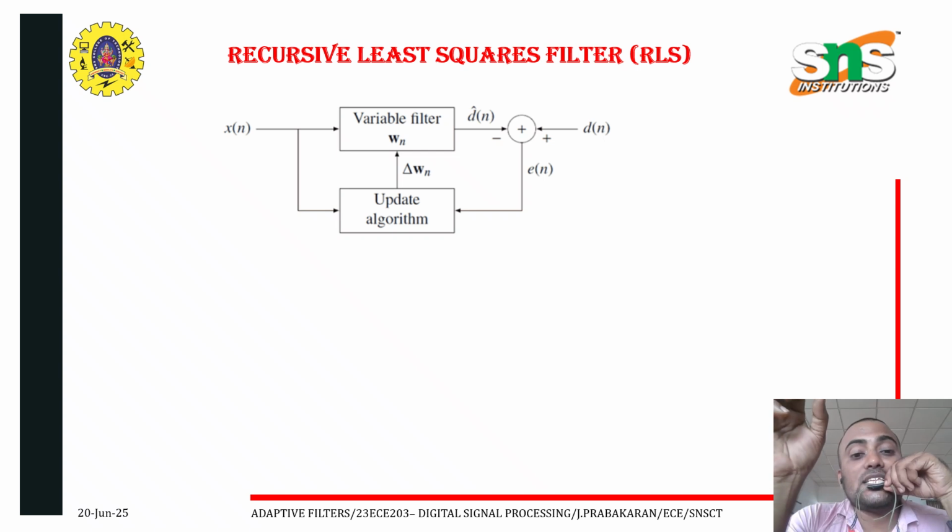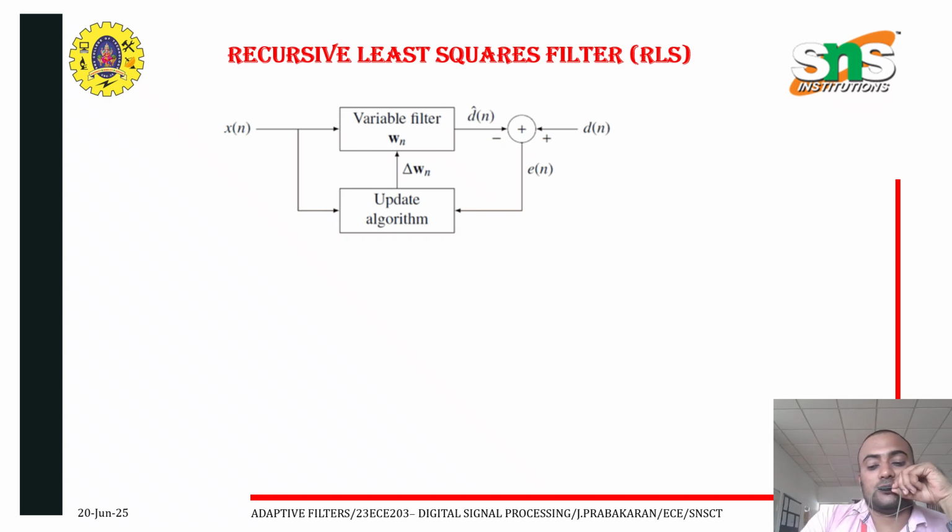This error is fed back to the update algorithm, which adjusts the filter coefficients to minimize further error. Over time, the filter learns the characteristics of the desired signal and improves its performance. This is the working principle of the RLS filter.